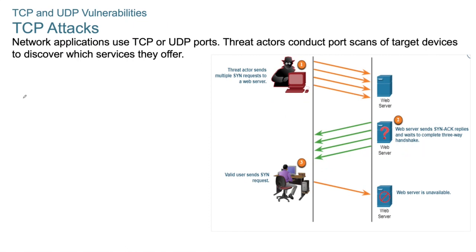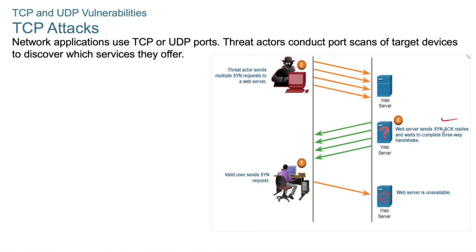In the first step, the threat actor sends multiple SYN requests to a web server. The web server replies with the SYN acknowledgement for each SYN request and waits for the final acknowledgement replies in the second stage.